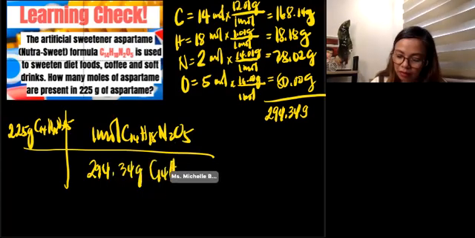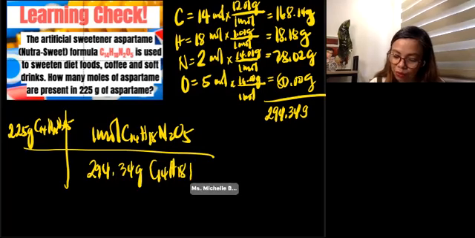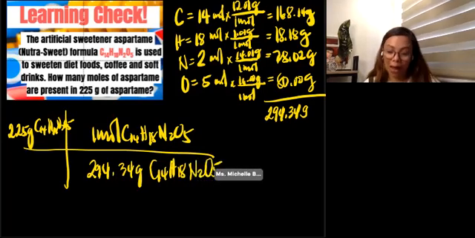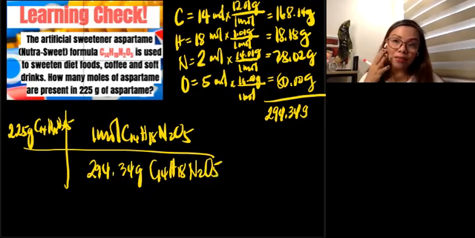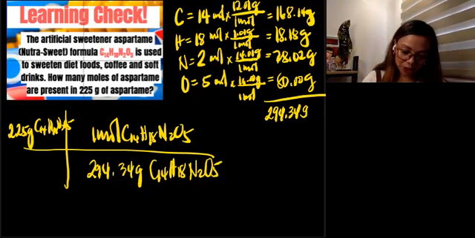Okay? Now, do you see what we will do now with the grams? We cancel out the grams because the other gram is in the denominator. This means division.